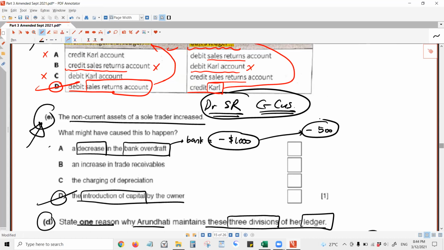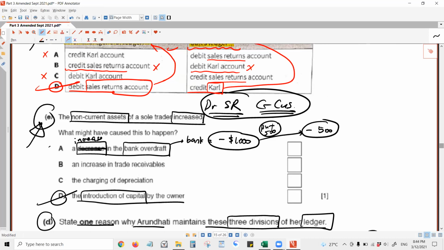Okay, decrease in bank overdraft. So why would it decrease? Why would it drop? Probably you have put some money into the bank. Okay, when you put some money into the bank, let's say you put 500 into the bank, then it would become a smaller negative number, right? Okay, but do you think it's linked to NCA? No. Okay, it's not going to make NCA increase unless you change this word to increase.